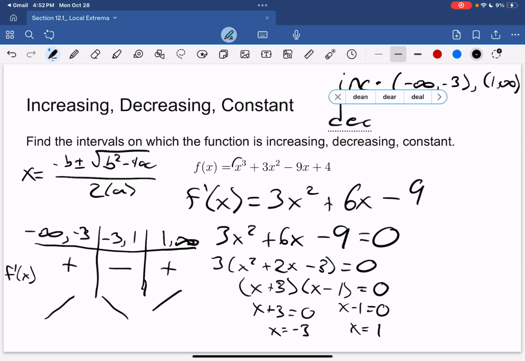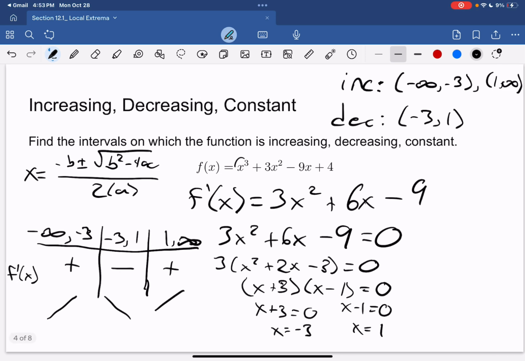Then I am decreasing from -3 to 1. And I can see that just by the sign. That's all I'm looking for is the sign. It'll tell me if I'm increasing or decreasing, and at what values that sign change happens. So that would be the increasing and decreasing for this given function.